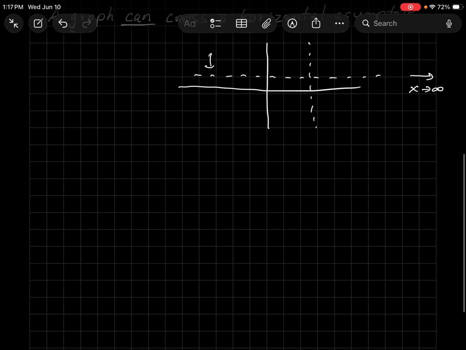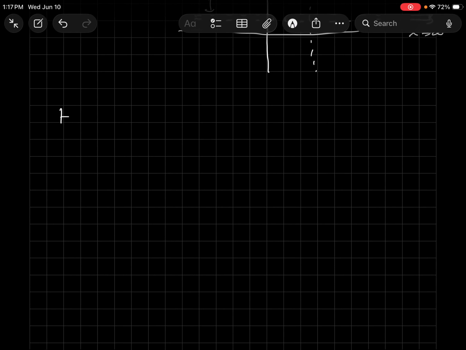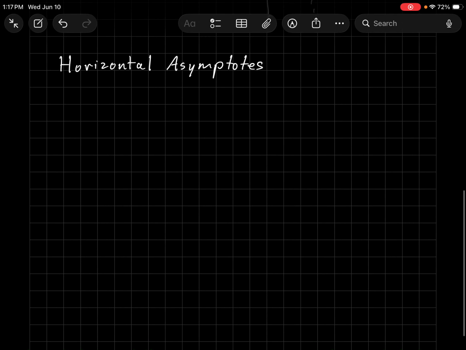But let's talk about horizontal asymptotes for a little bit. When do they occur, if they indeed do occur? And are there any shortcuts? Now, a lot of times, horizontal asymptotes are taught in three pieces.